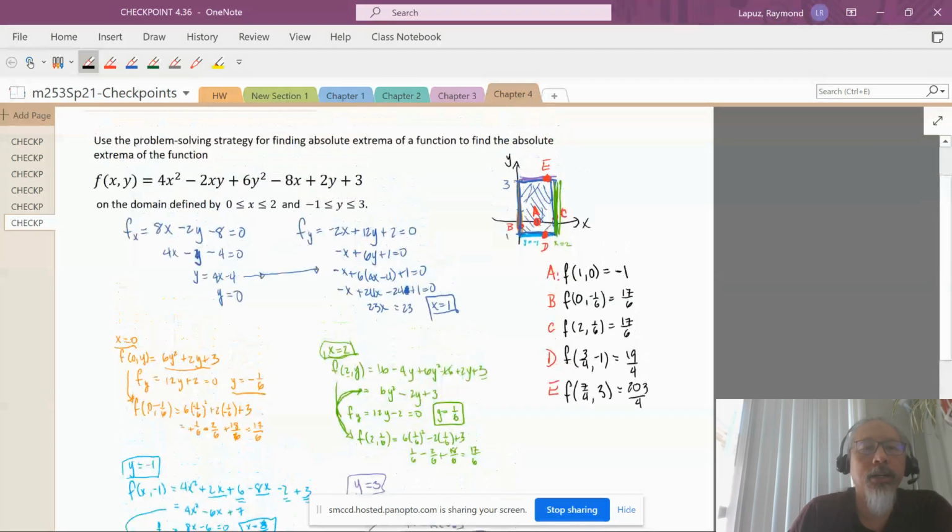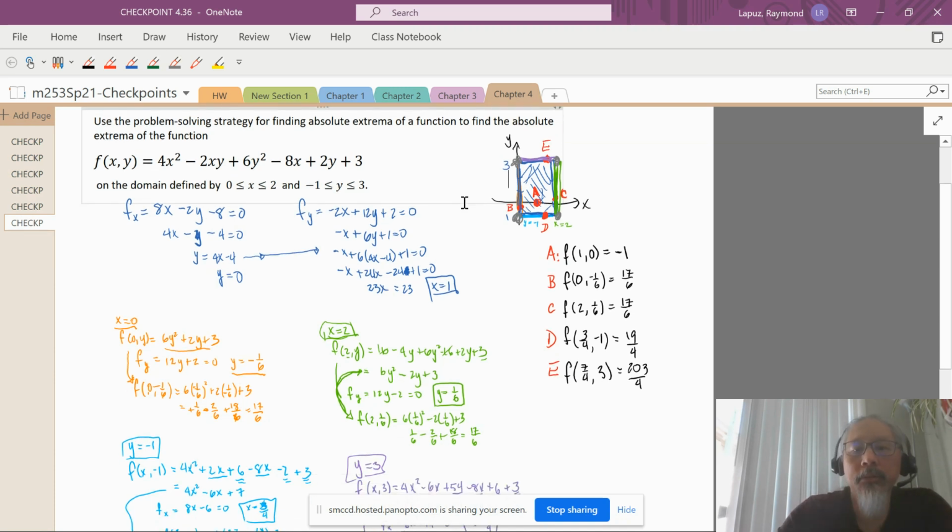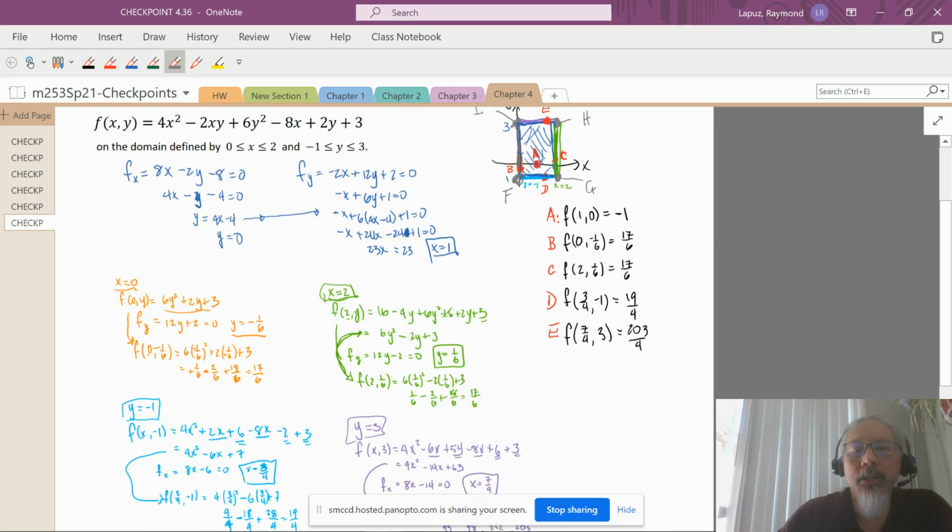Well, those are the 4 sides that we're looking at. And now we actually need to check 4 more points. We need to check these 4 points. We can label them. Where are we? E. Let's call this one F, this one G, this one H, and this one I. So E, F, G, H, I. Got lots of points to check.